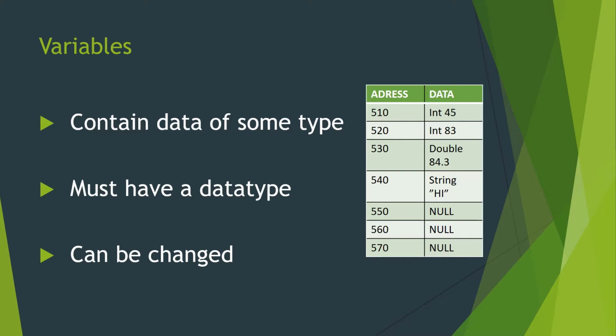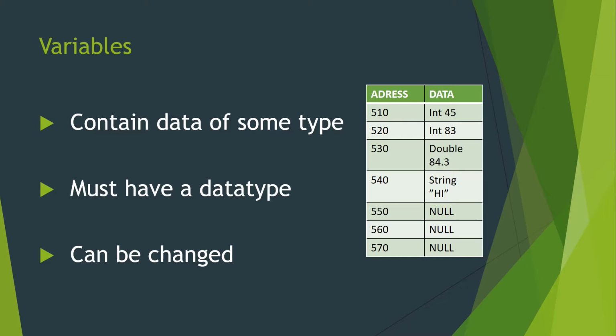And a variable can be changed, so that's the fun part about it, or the good part about it. It's very useful when you write long programs and you need to have a variable that changes over time.